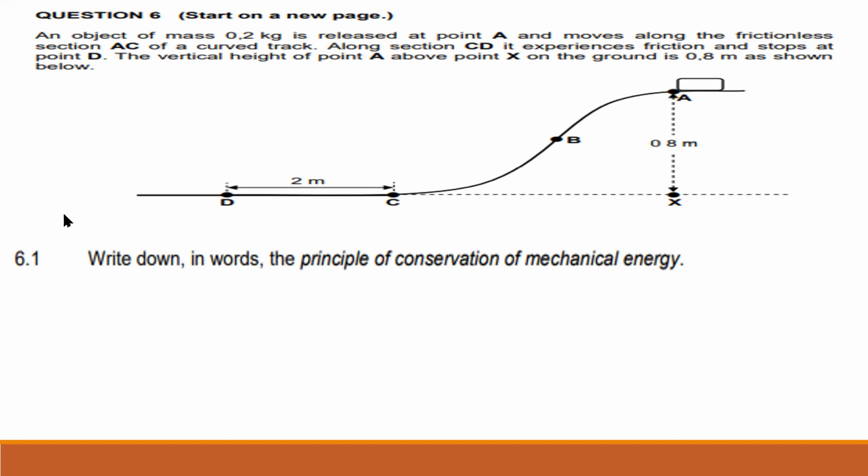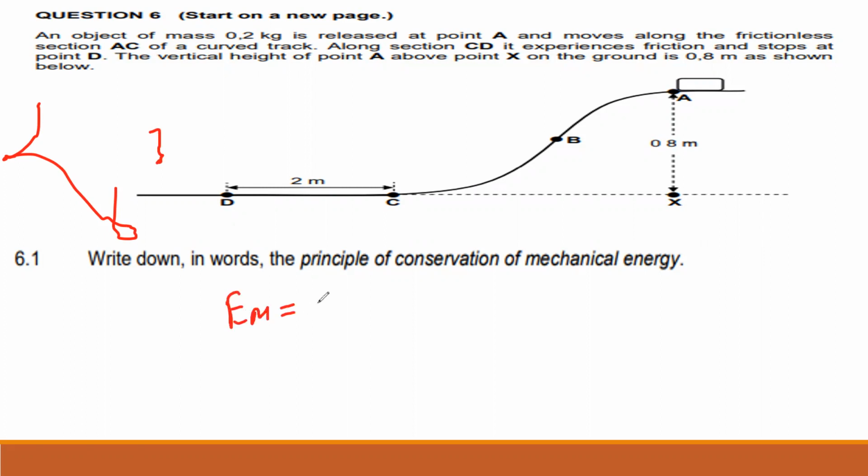Write down in words the principle of conservation of mechanical energy. What do we know about conservation of mechanical energy? Mechanical energy is potential plus kinetic. We can write EM equals EP plus EK.